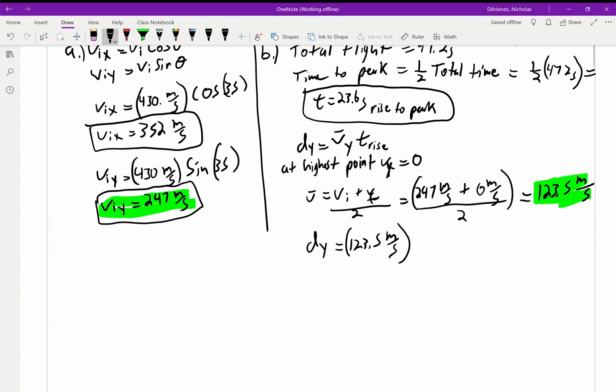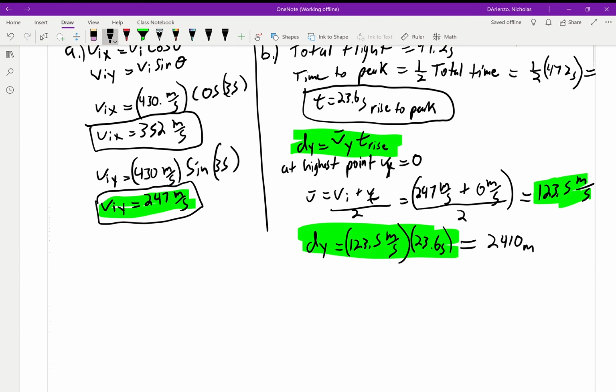That average velocity happens over a time of 23.6 seconds. And this comes out to, after we round, 2,410 meters. And that's equal to the distance in the y direction. So the maximum height that that missile will reach is 2,410 meters.